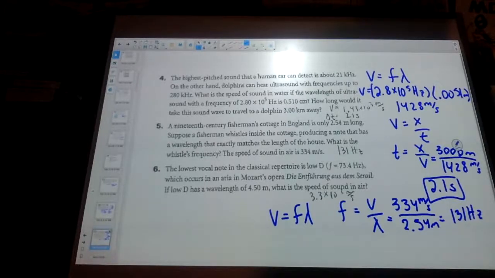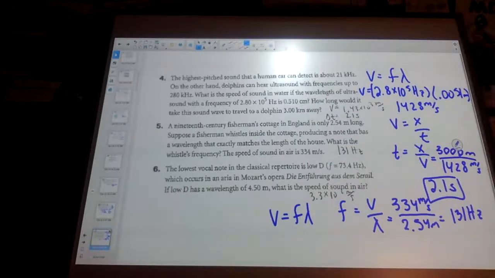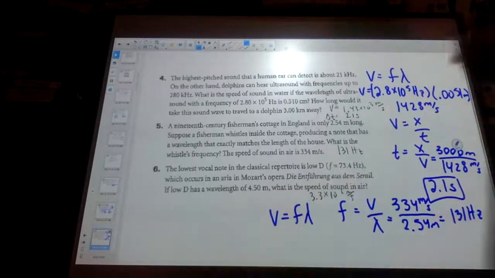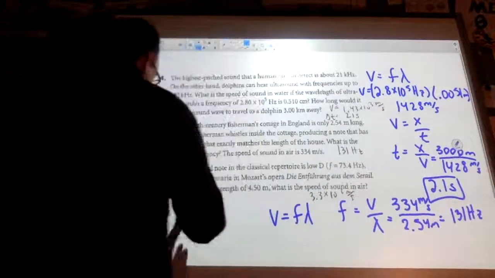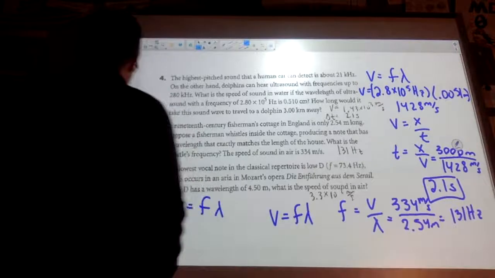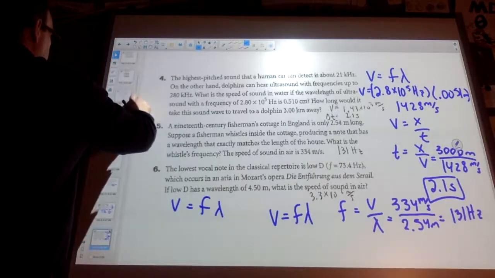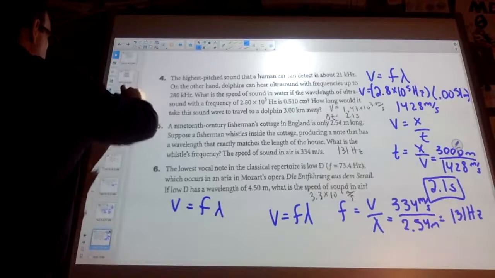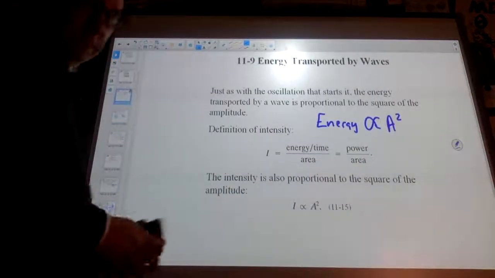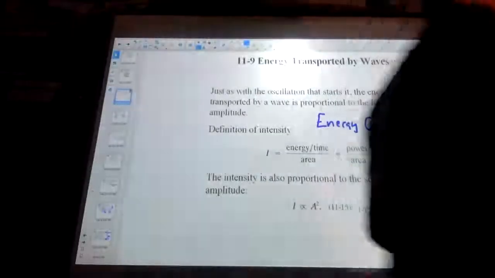Number 6, the lowest vocal note in the classical repertoire is low D, frequency of 73.4 hertz, which occurs in an aria in Mozart's opera. You're not going to get me to try to say that. If low D is a wavelength of 4.5 meters, what is the speed of sound in air? So our velocity is going to be equal to frequency times wavelength.